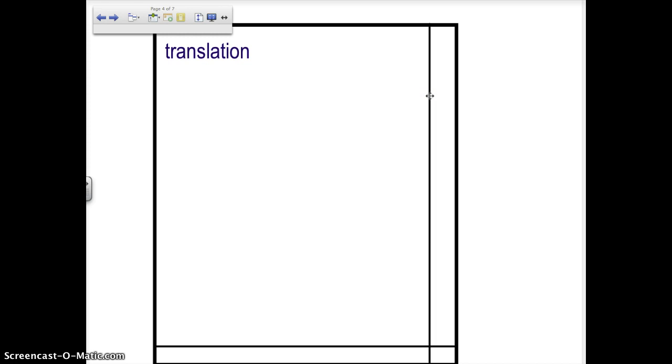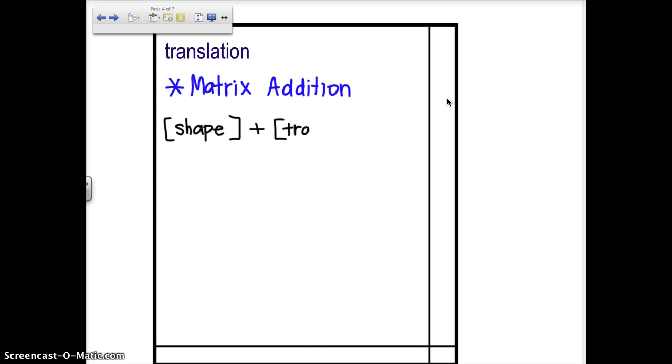Translation is like a slide. In order to do translation, what we do is we use matrix addition. We're going to add 2 matrices. Okay? Here's how we do that. We take the coordinate matrix of our shape and add it to a matrix that represents the translation we're trying to do.